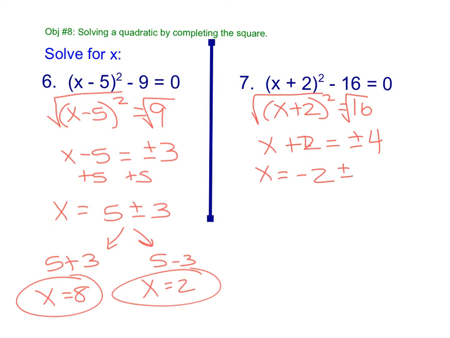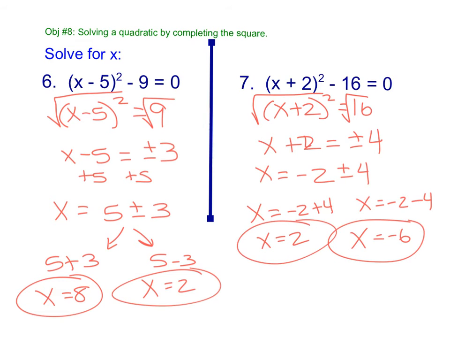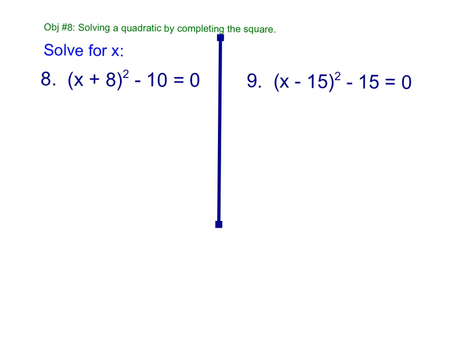Negative 2 plus or minus 4. So I have negative 2 plus 4, which is 2, and negative 2 minus 4, which is negative 6. And that's our answer. Actually, these two, because they are integer answers, if we multiplied all that out, it would have been factorable. All right, these are not, though.